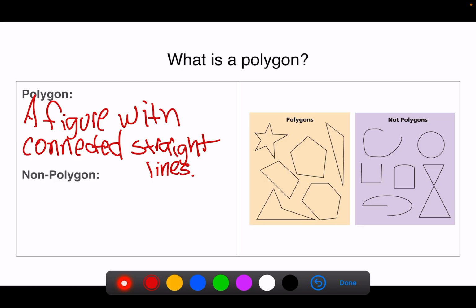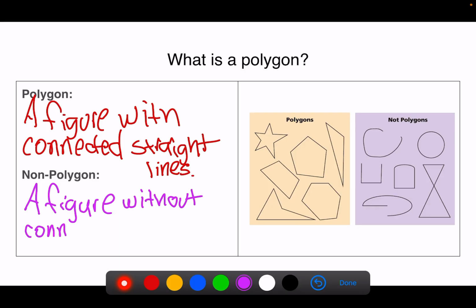And then we're going to write a non-polygon. We'll use a different color. And we're going to say a figure without connected straight lines.